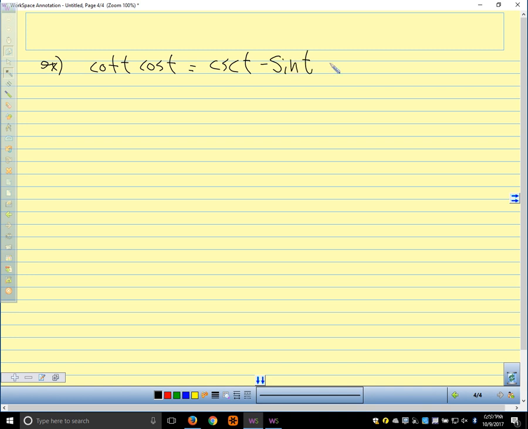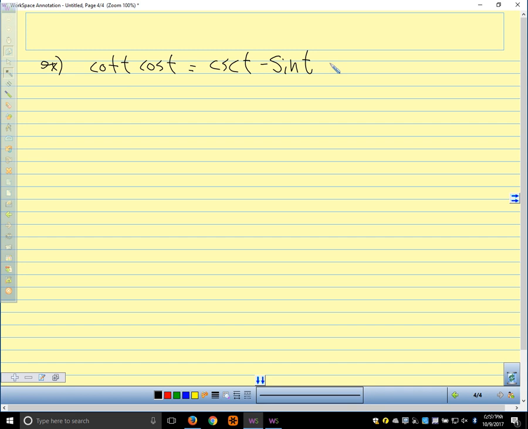All right, so we want to show that cotangent t cosine t equals cosecant t minus sine t. Again, hard to tell which side to work on here.